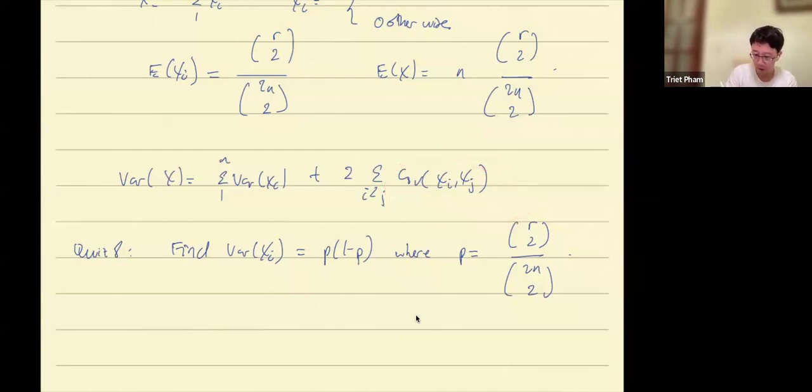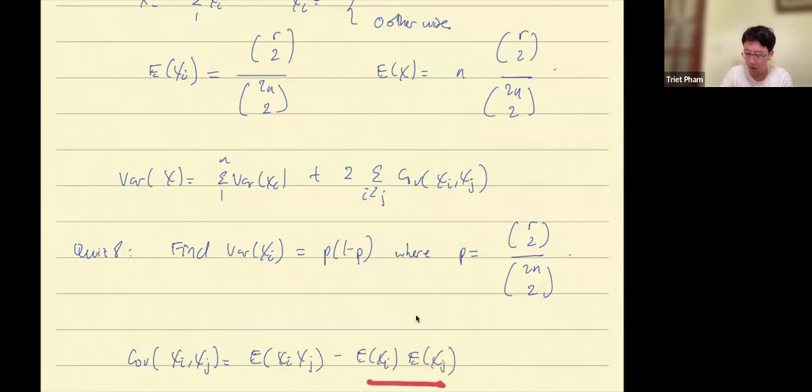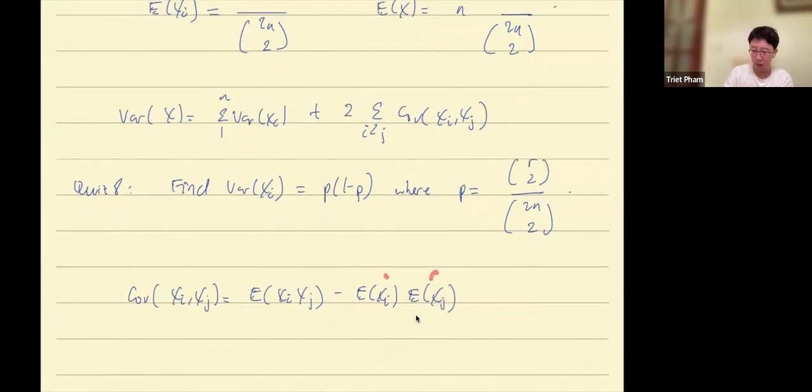Covariance is about the expectation of the product minus the product of the expectations. And we already know what these are. This is just p squared, because they're both the same. So the key question is what is this?